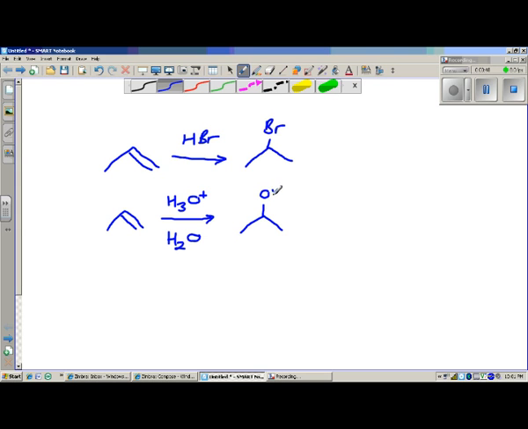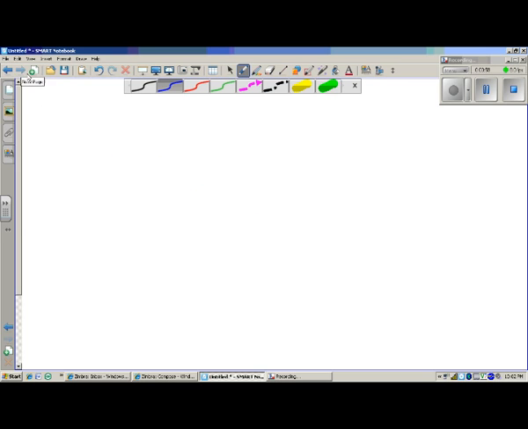Okay. Now these are just two examples of addition reactions you can do with alkenes, and there are some others. So let's just have a look at another slide here, and let's say we have this alkene. One thing we can add to an alkene is some sort of halogen.